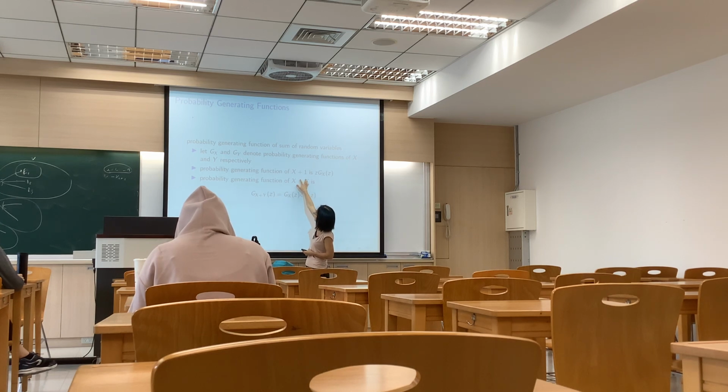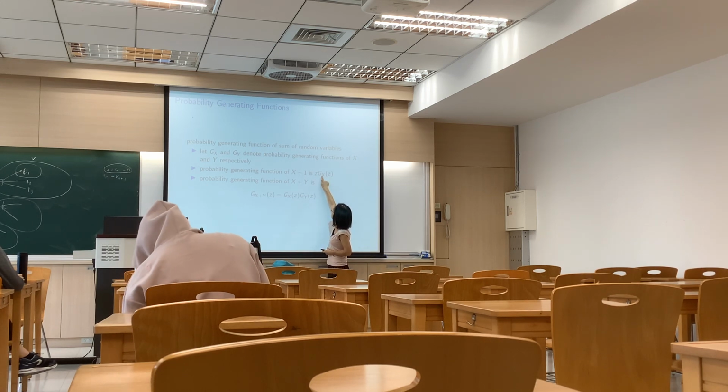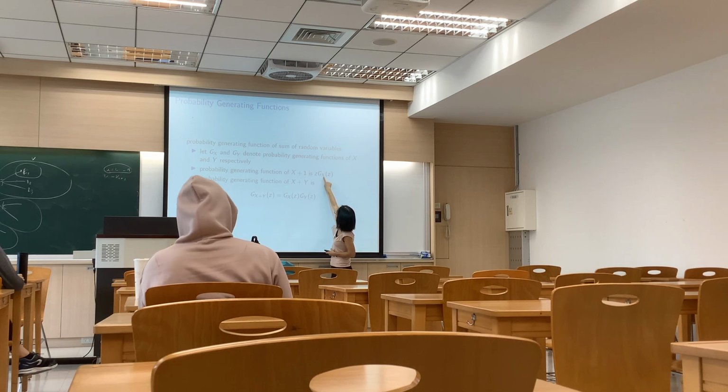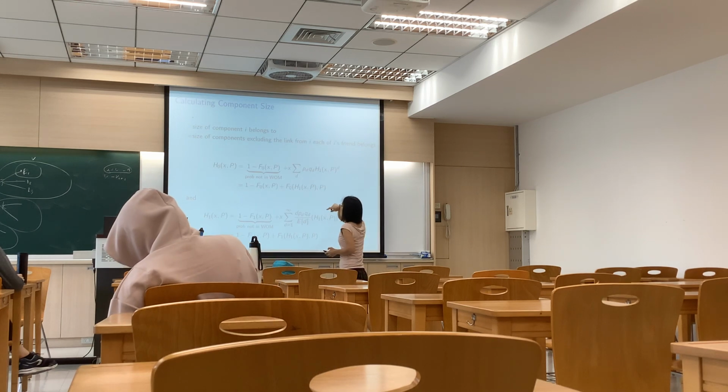And if you want the probability generating function of the random variable x plus 1, here I use z instead of x: if the generating function of x is gx of z, then you just multiply that by z.